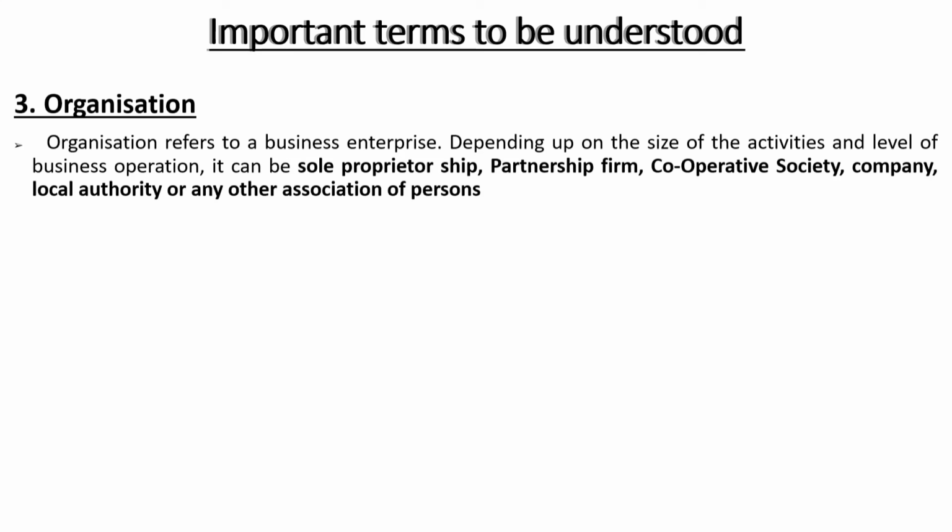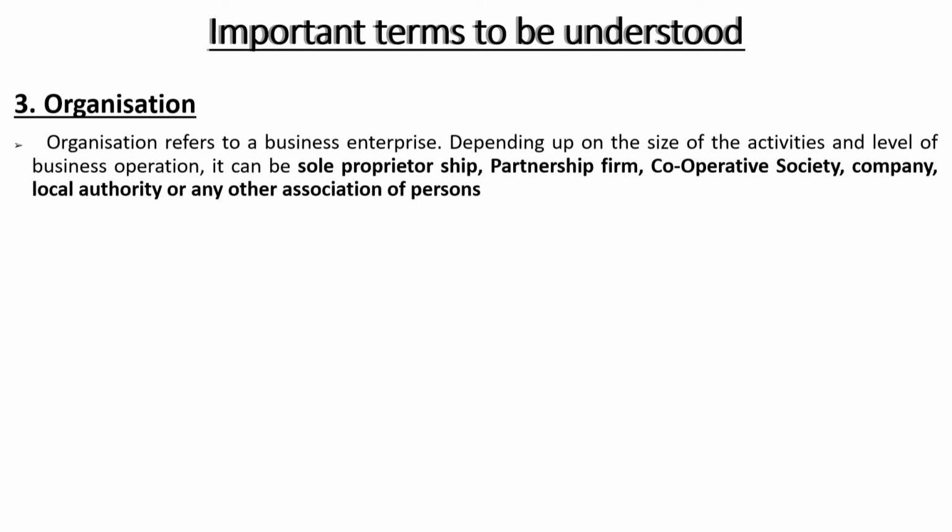The business organization may be a sole proprietorship. That means if a business organization is run by a single person, that is known as sole proprietorship. If a business organization is conducted by two or more persons, it is known as a partnership firm. Cooperative societies are organizations which are set up under the Cooperative Societies Act enacted by government.